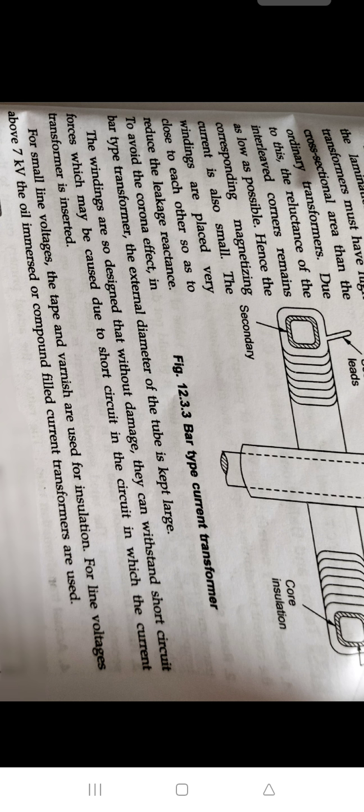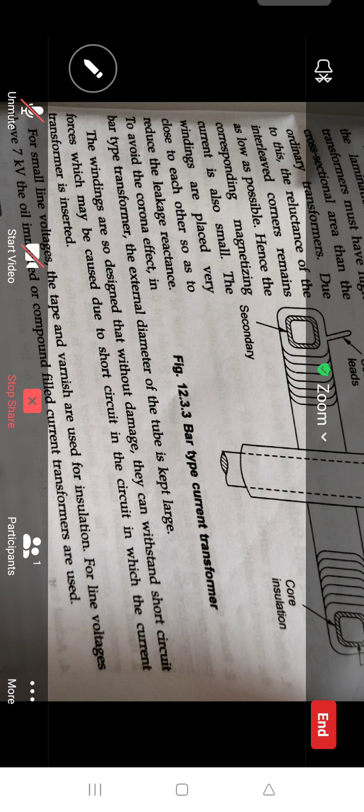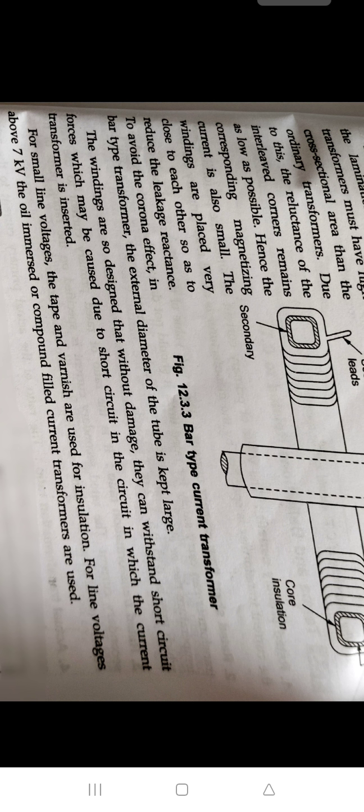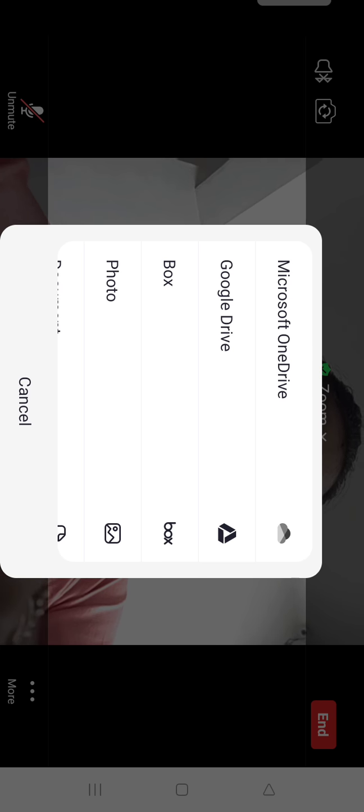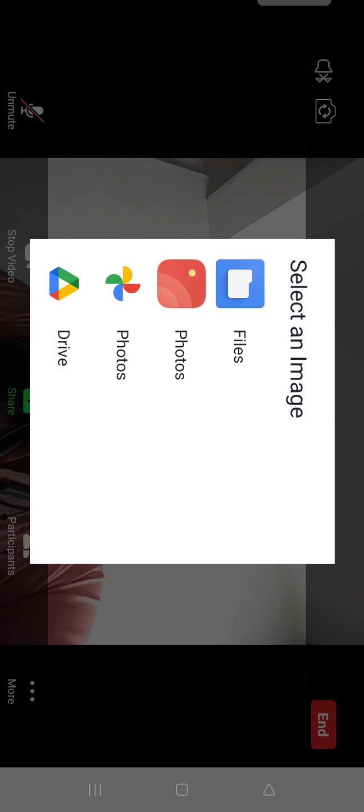For small line motors, tape and varnish are used for insulation. For line voltage above 7 kV, oil immersed or compound filled current transformers are used. So these two types of current transformer we saw, wound type and the bar type transformer.